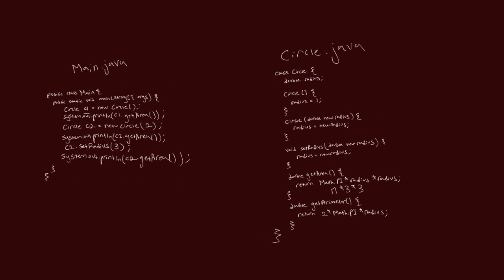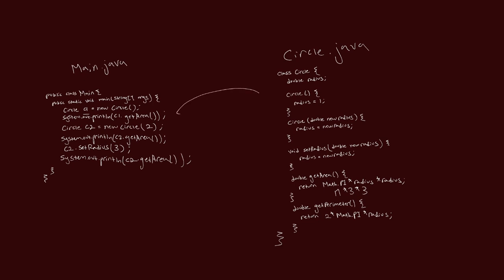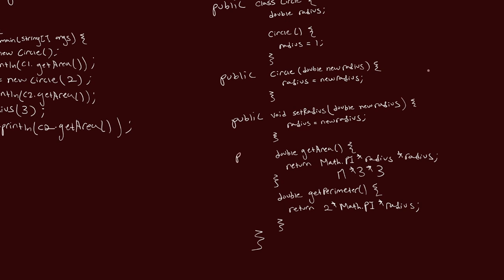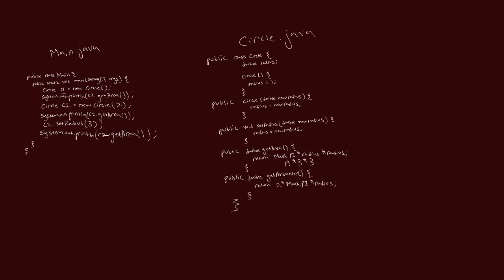Make sure these are in the same folder, and then this will be able to call this. Usually in this case, we name everything public. You technically don't have to, but it's a good habit to start, because we're going to be working with other modifiers like static and private values.